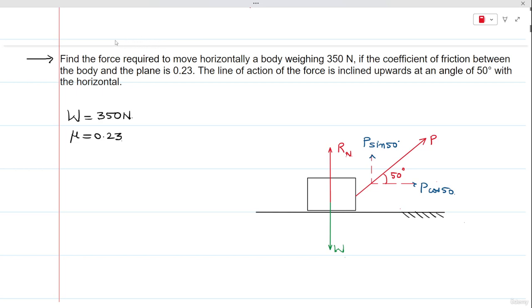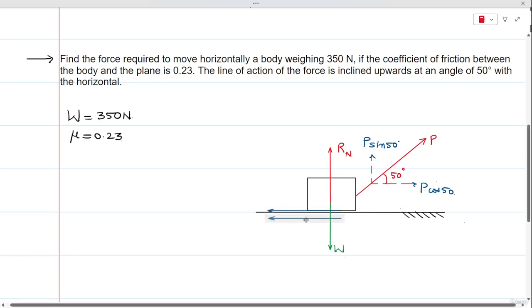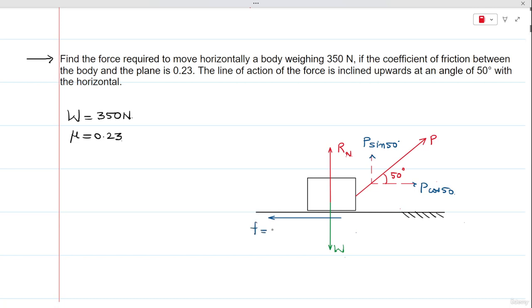In the question we find that the coefficient of friction is given. So with the coefficient of friction, the additional force that has to be taken into account would be the frictional force, and that is going to oppose the motion. Frictional force, generally we write it with a lowercase f, and f is equal to mu times Rn.